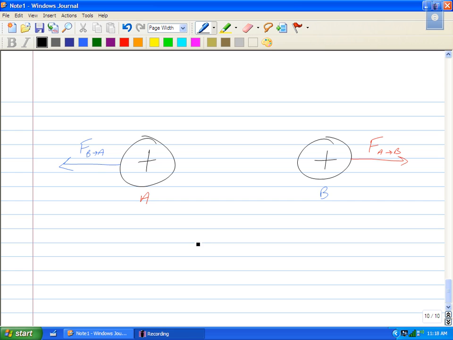Well, let me ask you this. What is true about the relationship of the force of A on B and the force of B on A? Is it equal? Well, we'll start with this. What if the magnitude of the charge on A is equal to the magnitude of the charge on B?